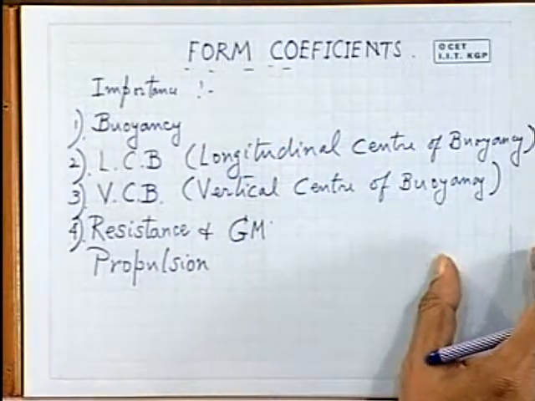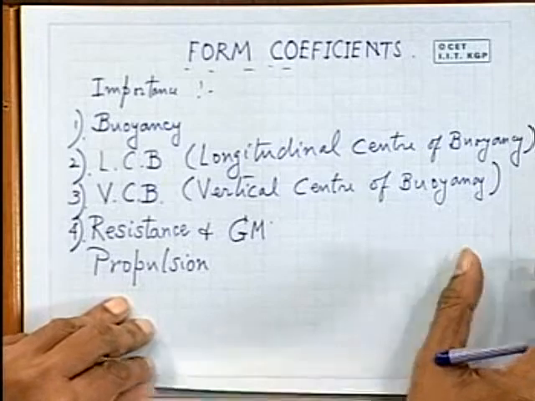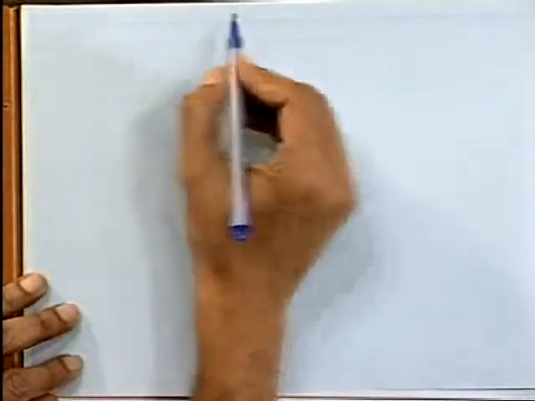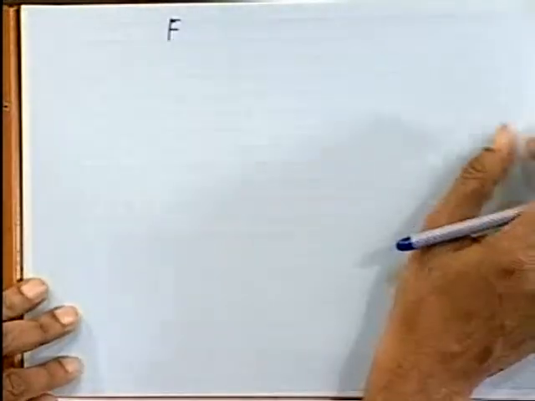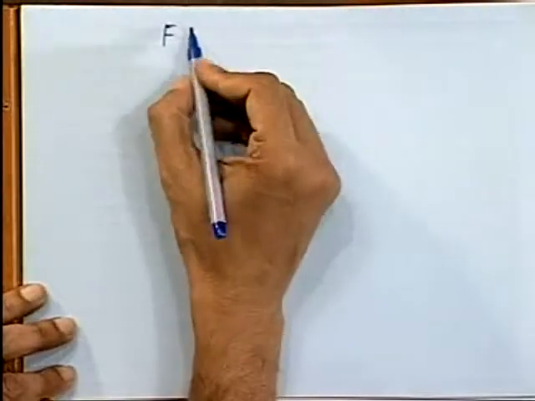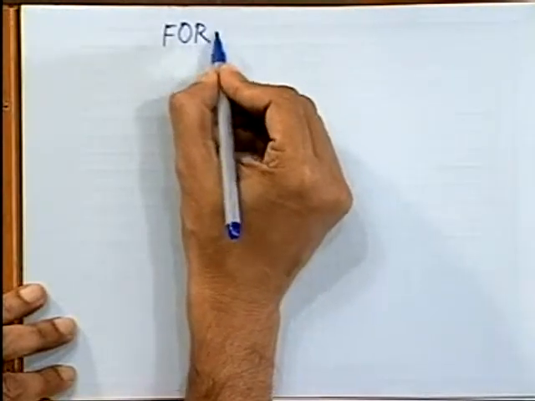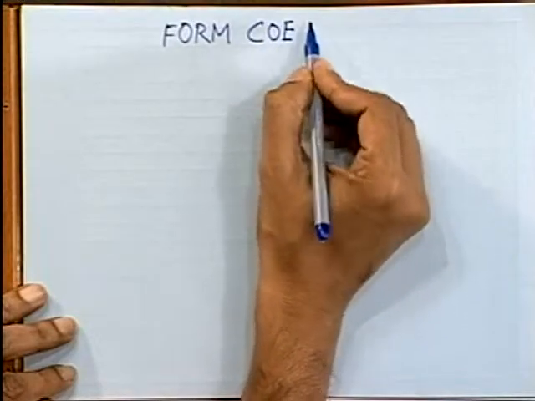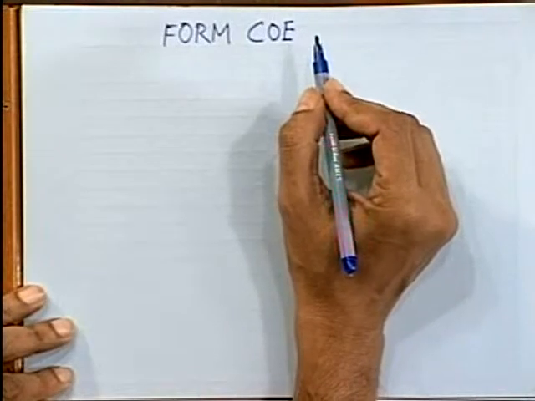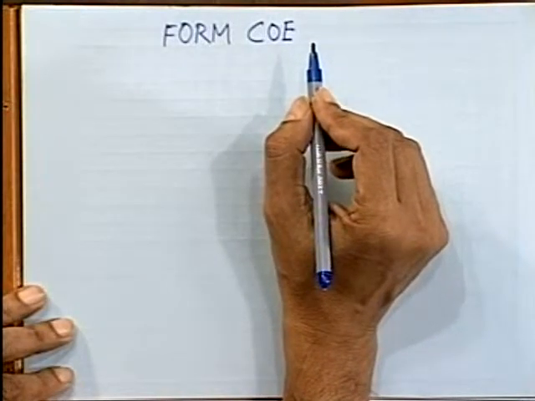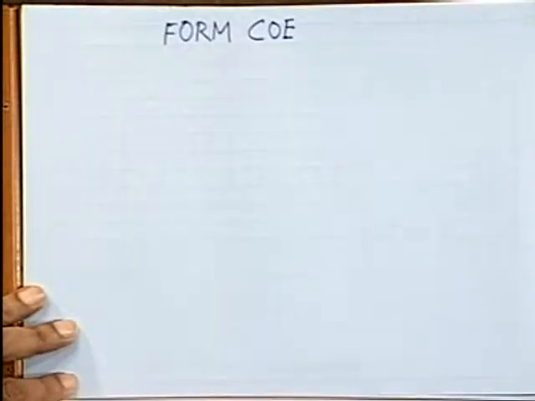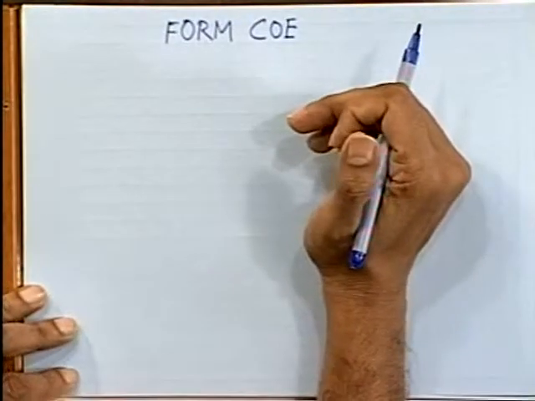Now what are these form coefficients? After you have made, I think you may consult a number of journals and just have a look at the nature of these lines and sectional area curves.